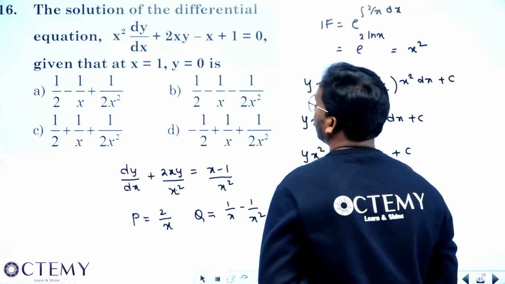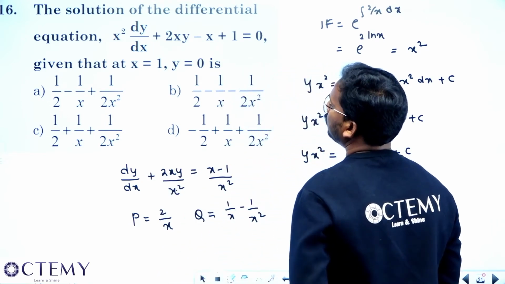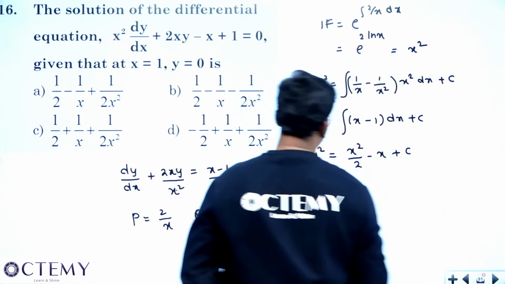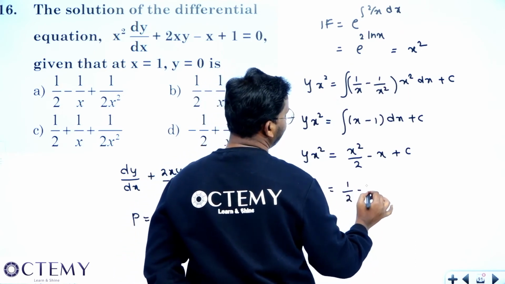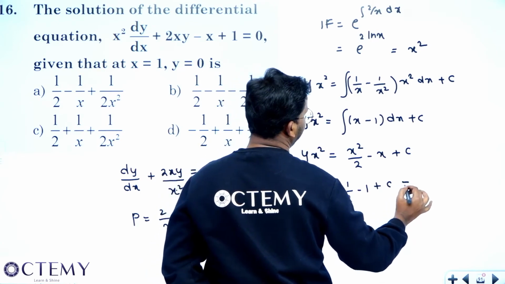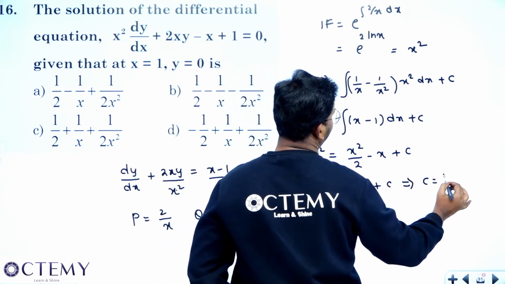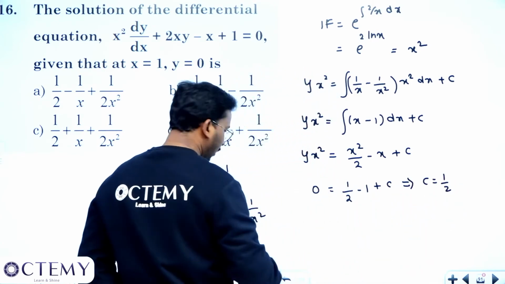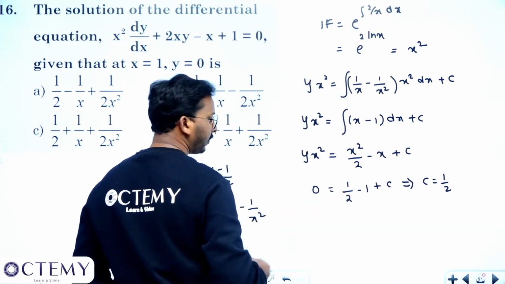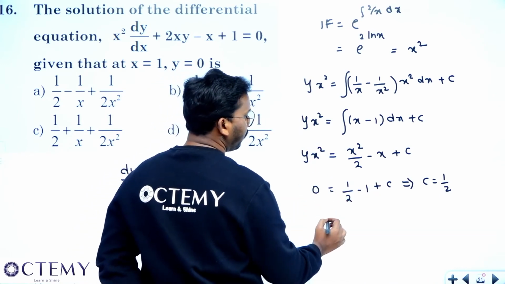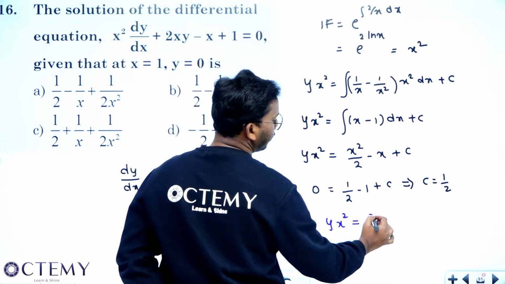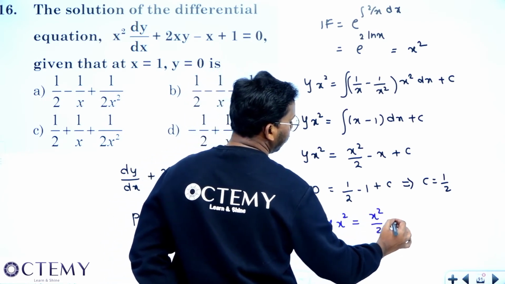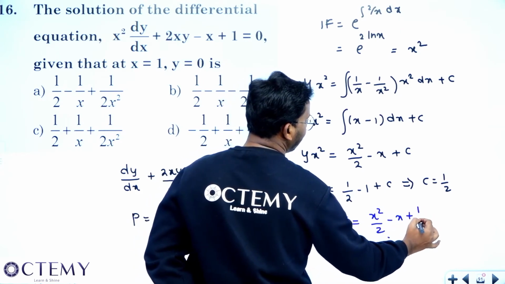Now look at the initial condition. Given that at x is equal to 1, y is 0, right? So this will become 0 is equal to 1 by 2 minus 1 plus c, which implies c will be equal to 1 by 2. So what will be the final solution? The solution will be y into x square is equal to x square divided by 2 minus x plus half.